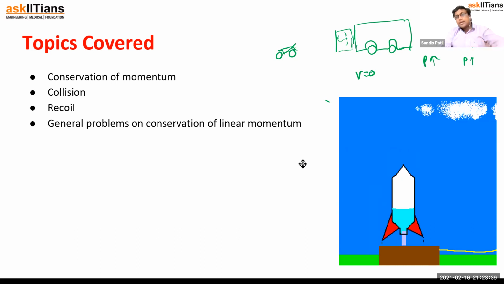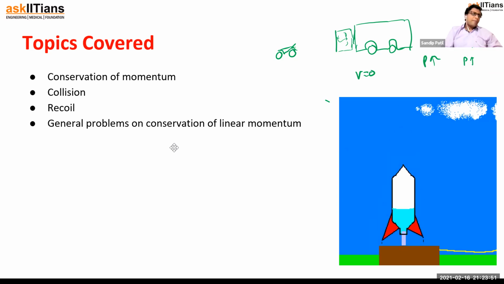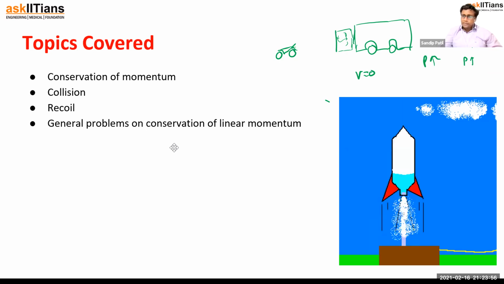If you also remember, we related that momentum thing with force also: how to calculate the force if any object is changing its momentum. We took the example of cricket, right? Dhoni is hitting the ball for a six. How is it happening?